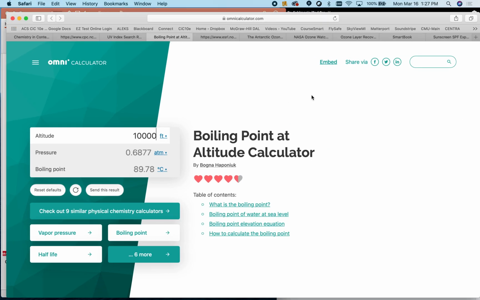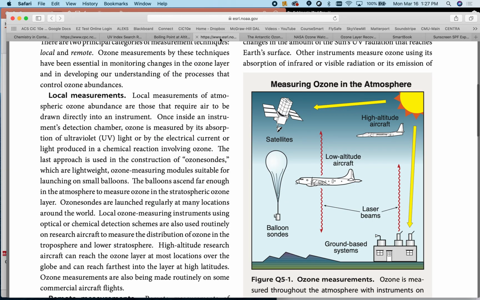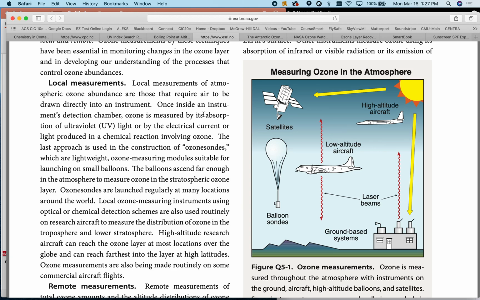As for how it is measured, there are actually a few different ways you can measure ozone in the atmosphere. Balloon sondes are fairly common, where they send a measuring device up into the stratosphere, with a detector that will detect the concentrations.